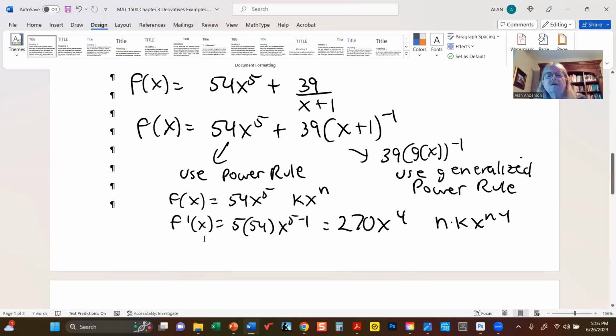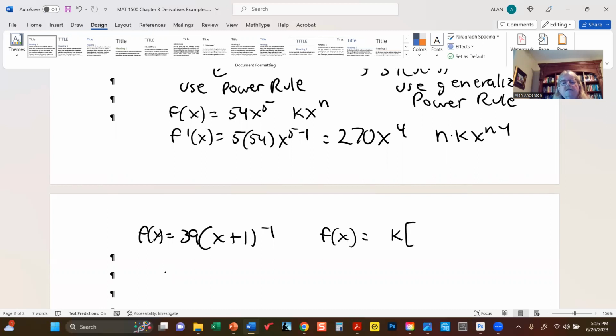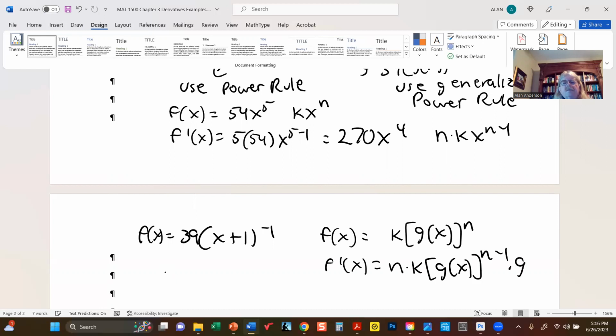Now, the second one, though, think of this as some constant times g of x to the nth power. So therefore, we'll have nk g of x to the n minus 1 times g prime of x.